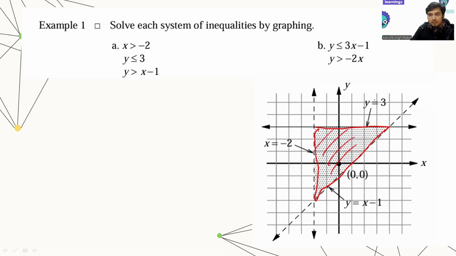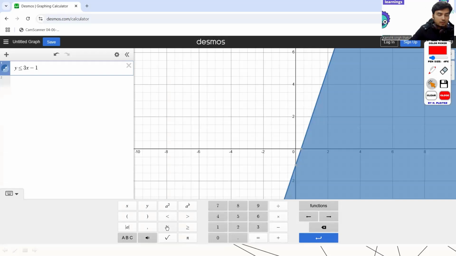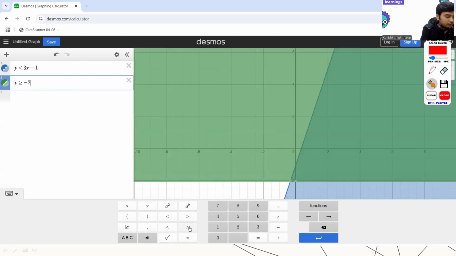Okay, same way, let me do the B part. y less than or equal to 3x minus 1. So y is less than or equal to 3x minus 1, and then I have here y greater than or equal to minus 2x.